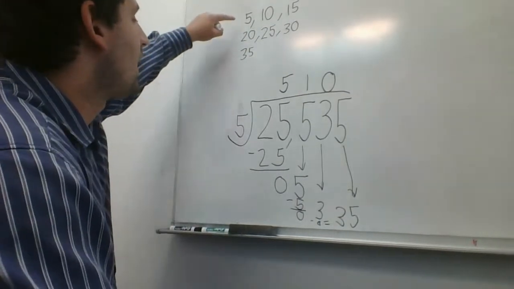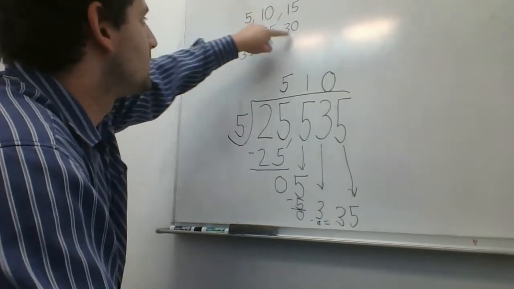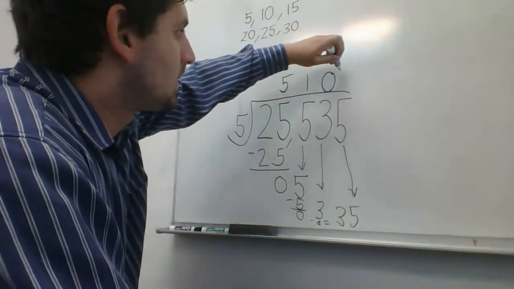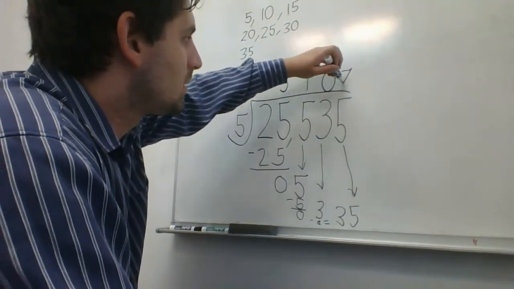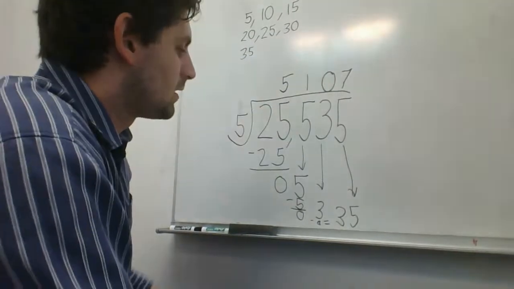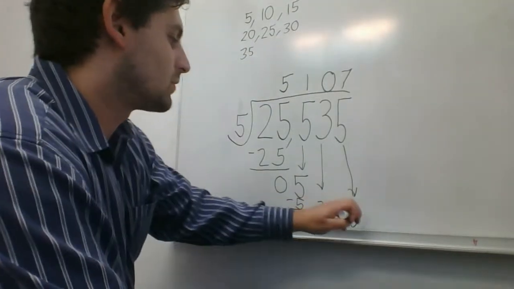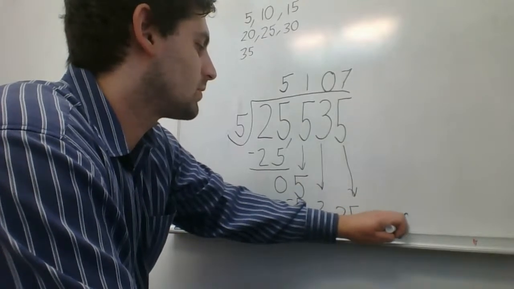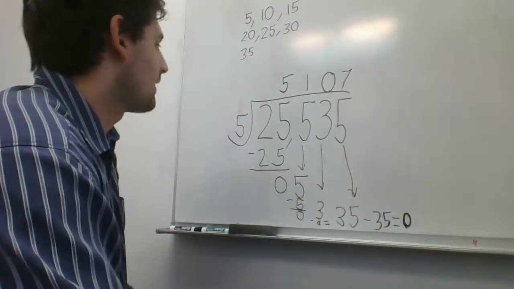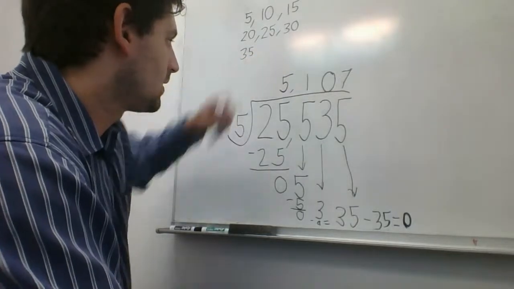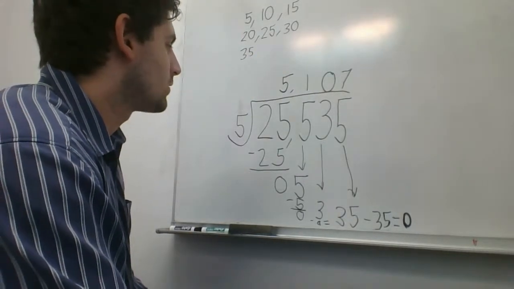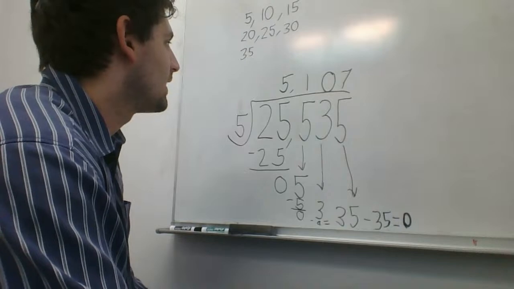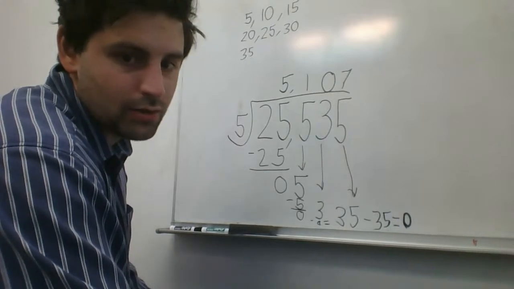We had to count by 5 seven times to get to 35. So 35 divided by 5 equals 7. 35 minus 35 equals 0, so there is no remainder. We have our final answer. 25,535 divided by 5 equals 5,107.